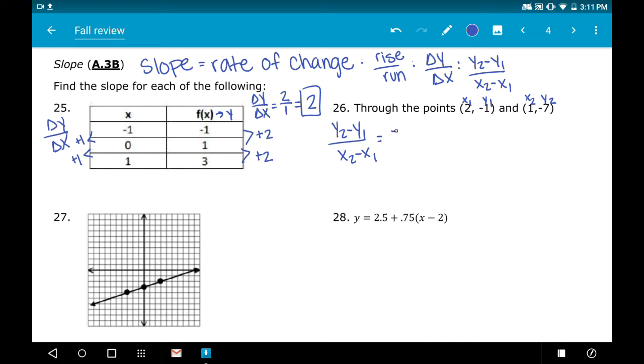So y2 is -7, y1 is -1, so minus -1, x2 is +1, x1 is 2. So -7 minus -1, that would become a plus. So -7 plus 1 is -6. 1 minus 2 is -1. -6 divided by -1 is +6. So our slope here is +6.